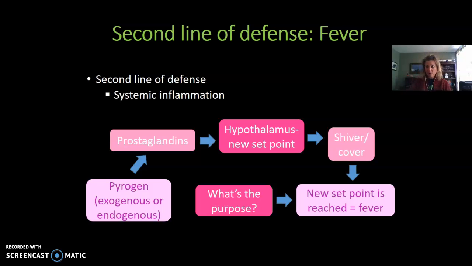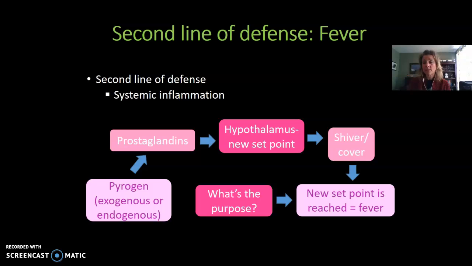Now, fevers that are low grade are beneficial to the immune system because by increasing the temperature inside of our body, we're actually increasing the metabolic rate of our cells. And so proteins that are needed in order to fight off the infection are going to be made at a faster rate.